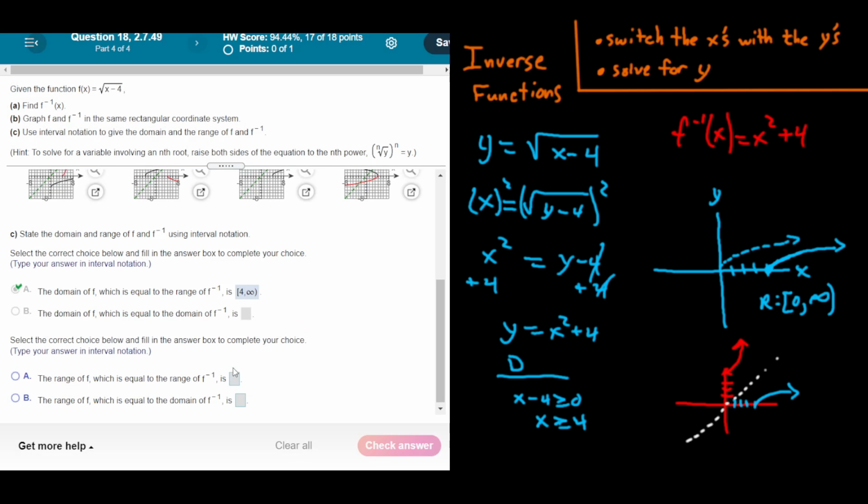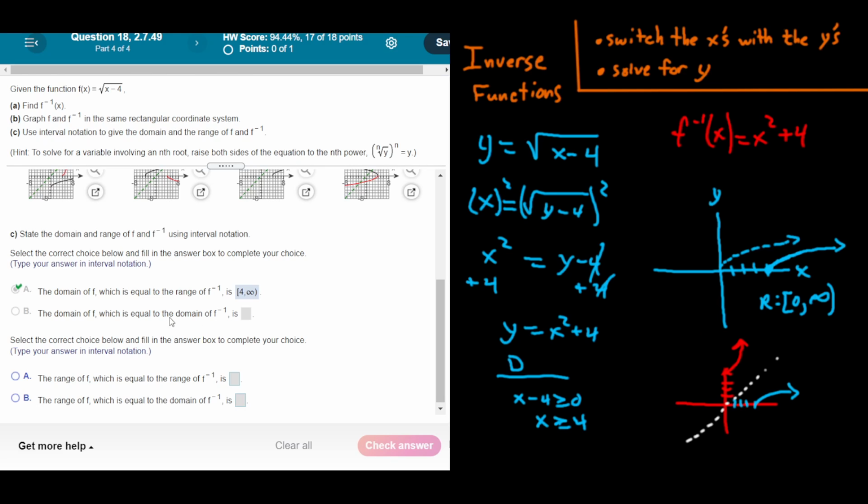All right, well done. And now what is the... Oh, I didn't even read that. Okay, the domain of f is the range. Okay, I didn't even read it. I guess because I knew it was correct. Yeah. You don't want to choose that the domain of the original, which is f, is the domain of your inverse.